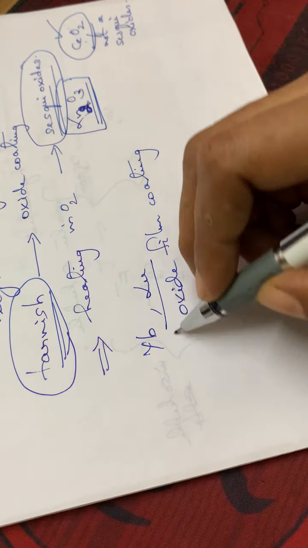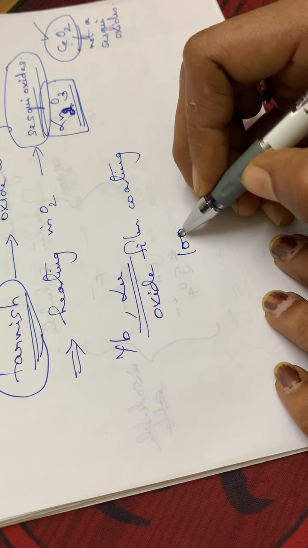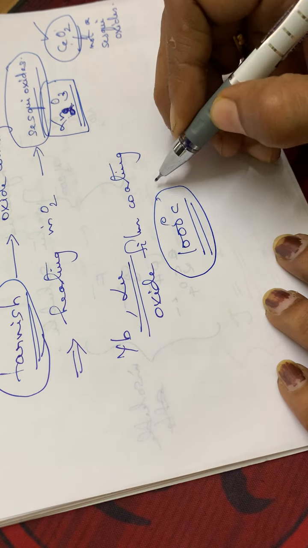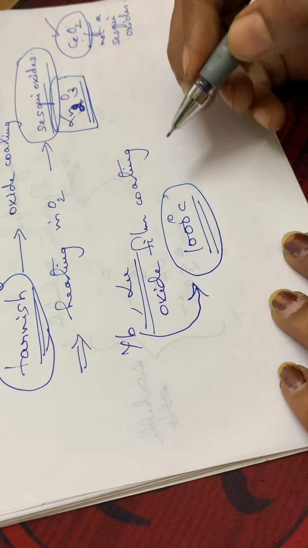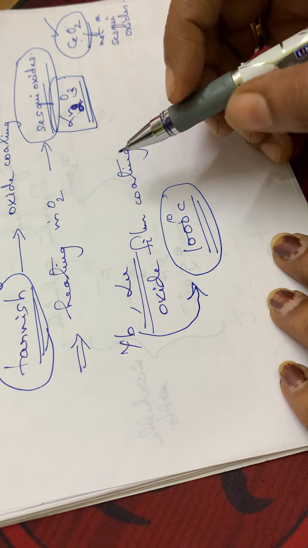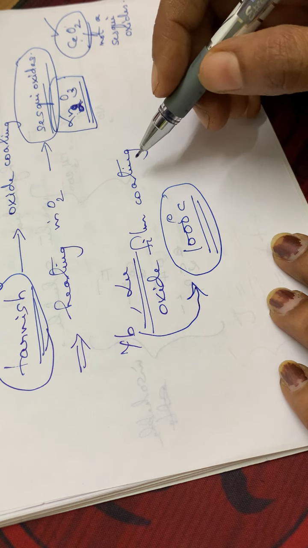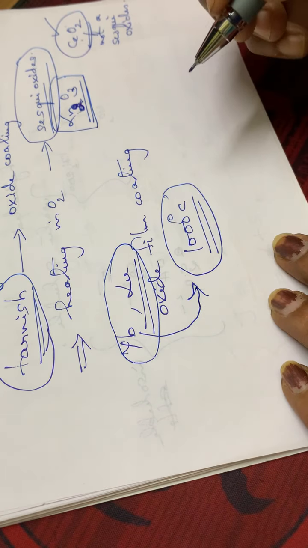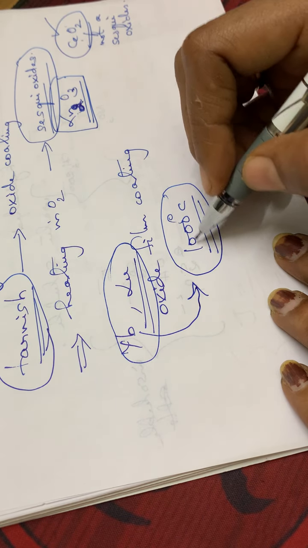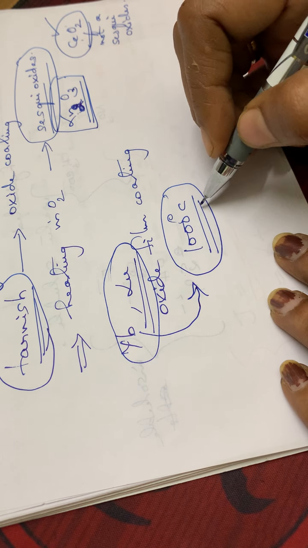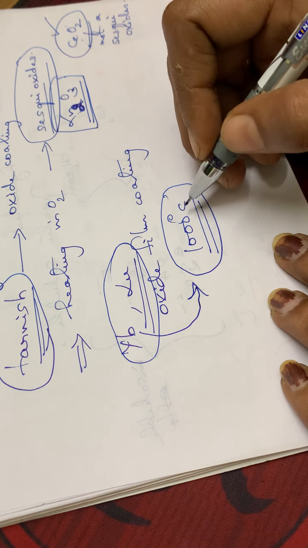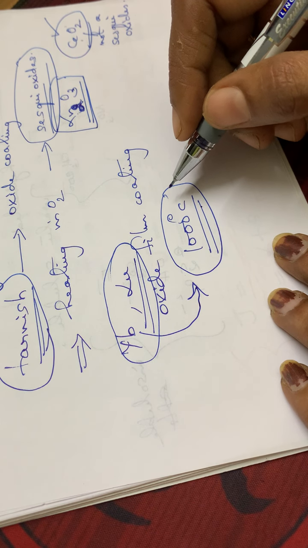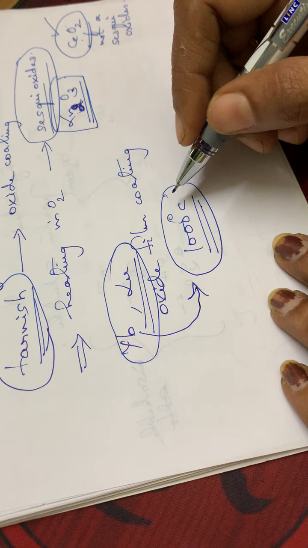The bulk of these metals will not form an oxide film coating unless it is heated to 1000 degrees Celsius. Only when heated to 1000 degrees Celsius will ytterbium as well as lutetium form an oxide coating.